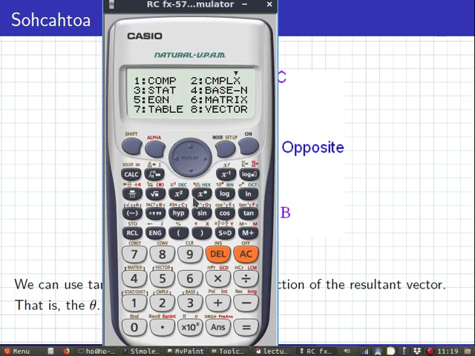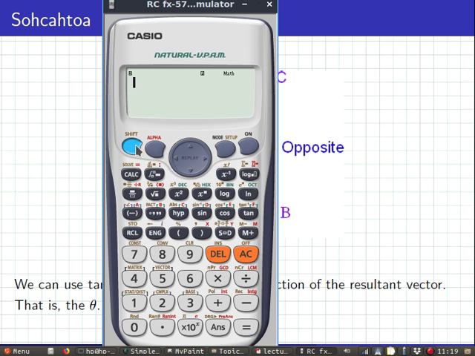So what you do is you type in this. Shift tan 3 over 4. Oh, sorry, wrong mode. This is what it was.